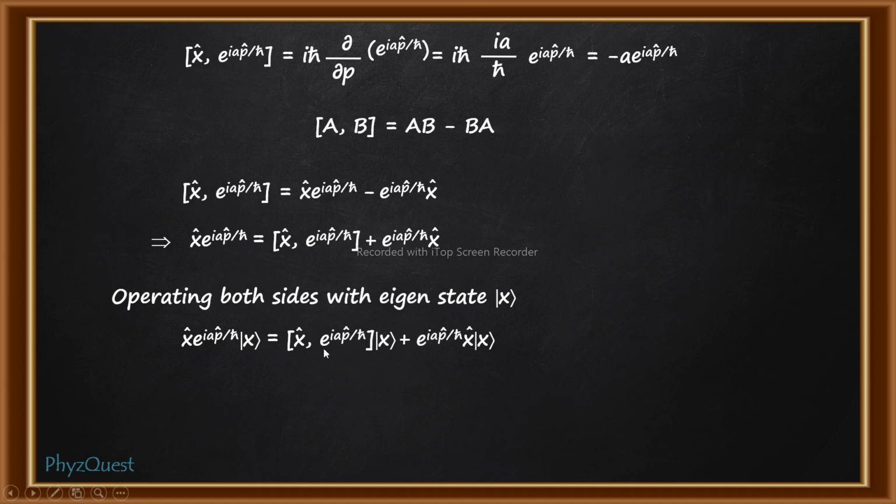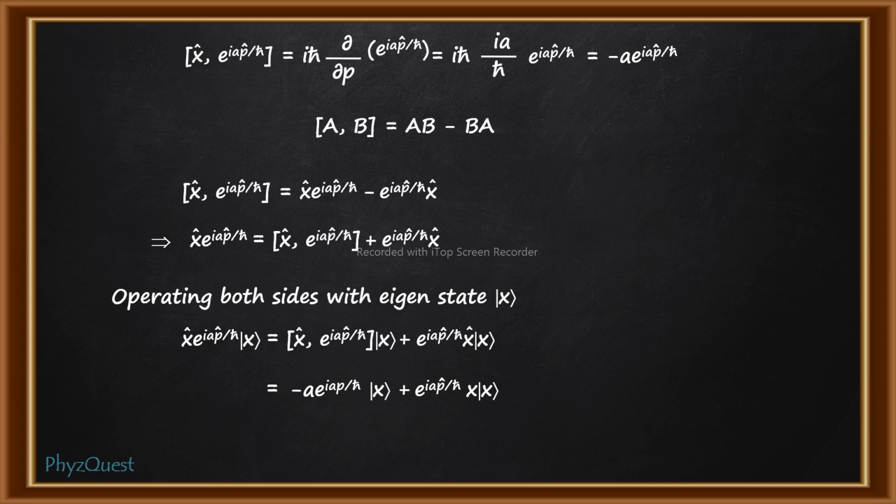Now instead of the commutator, we can use the relationship we have already calculated. So if we put that here, this will be minus a e to the power i a p cap by ħ |x>, plus, since we are given that when x cap operates on |x> it gives the eigenvalue x, this will be equal to plus e to the power i a p cap by ħ |x> times x.